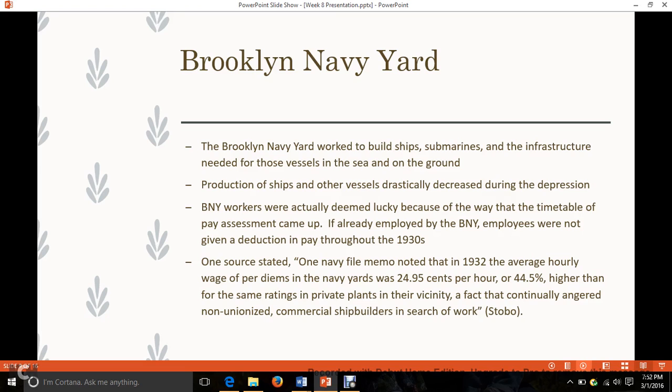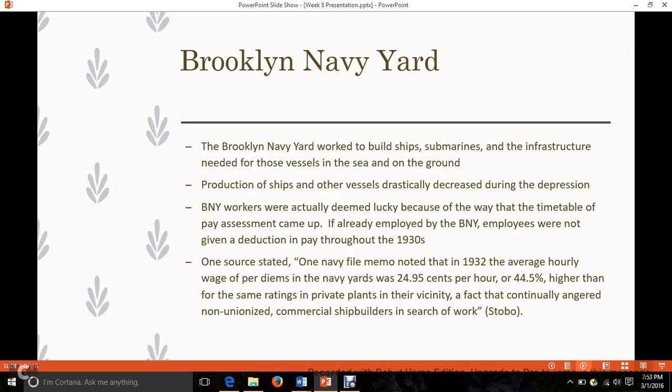But the workers were rather lucky, because the way the military works, at least at that time, is they addressed their pay scales every 10 years. So they had already passed the 1930 pay scale for the 30s before the Depression started, which started in 1929. So they already passed all the legislation that had to do with pay scale.